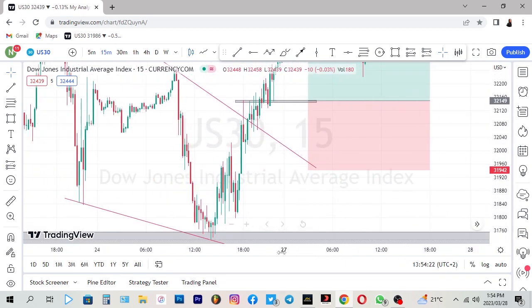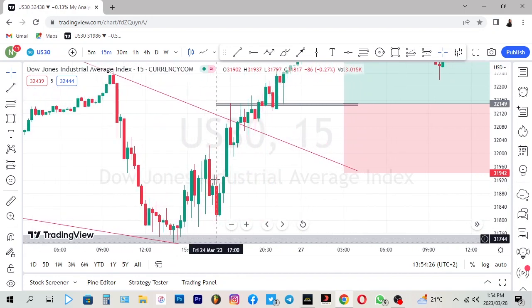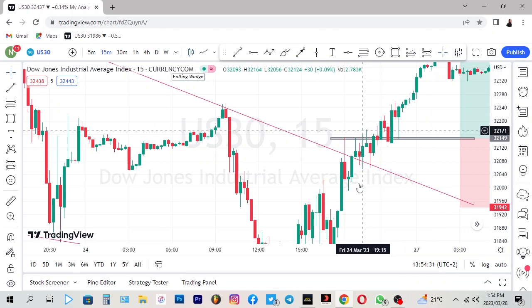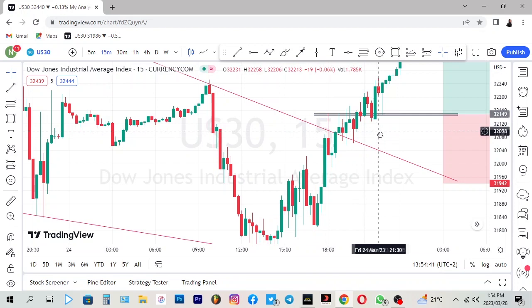So we wait for our candlestick to break this level, a clear break. We can see overall this is the zone that I created from a 1 hour. On a 15 minute, we can see there was some rejection.